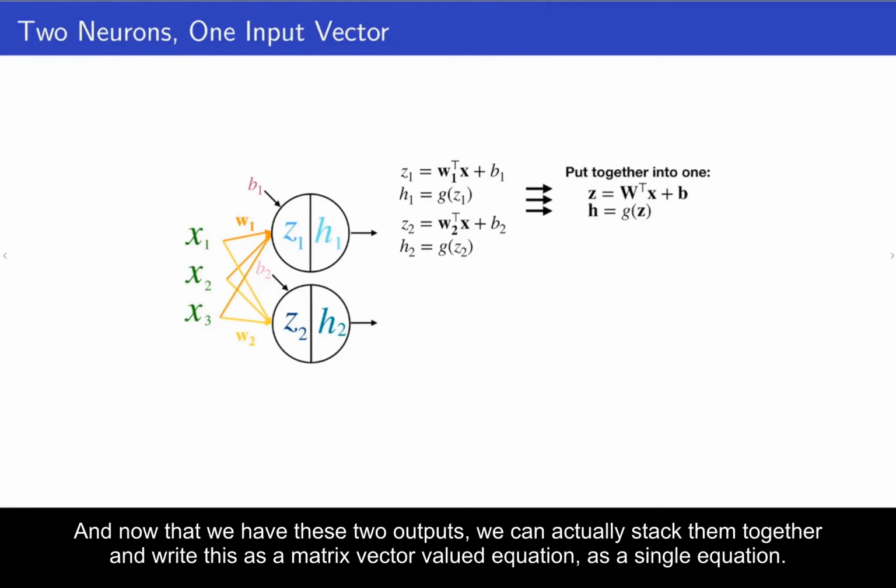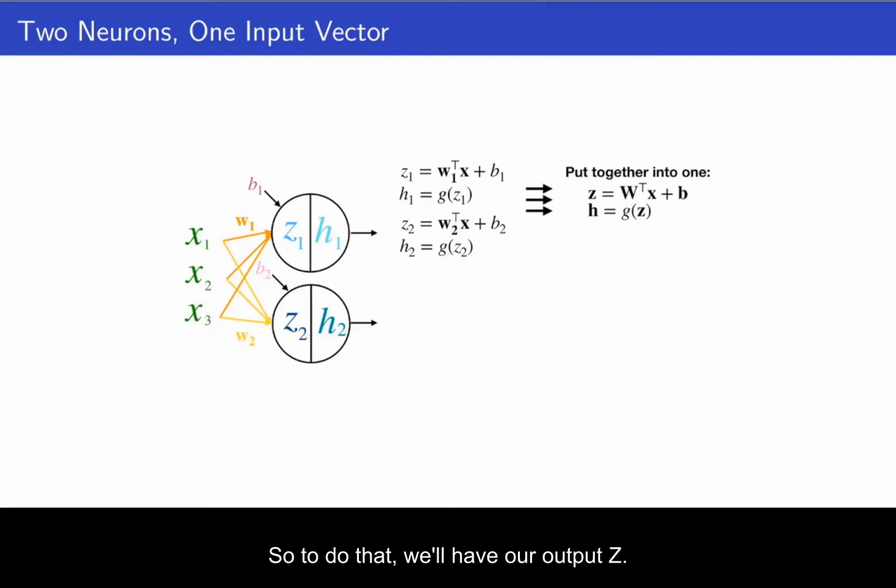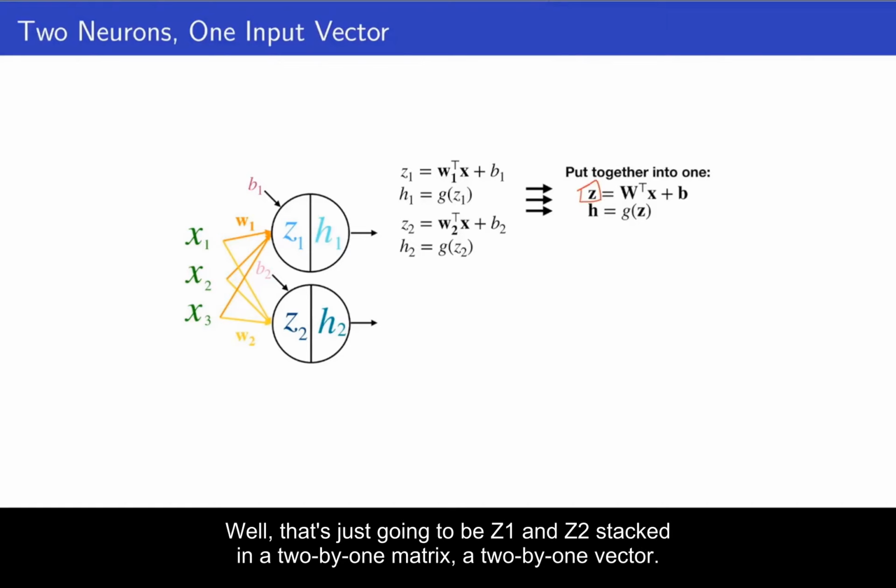Now that we have these two outputs, we can stack them together and write this as a matrix-vector valued equation, as a single equation. To do that, we'll have our output z, which is just going to be z1 and z2 stacked in a 2 by 1 vector.